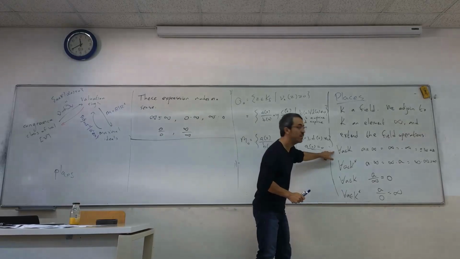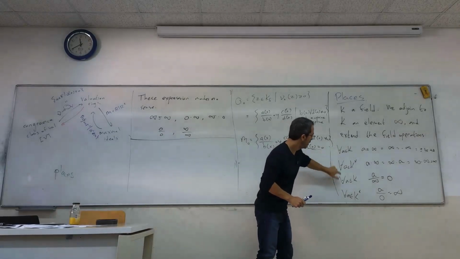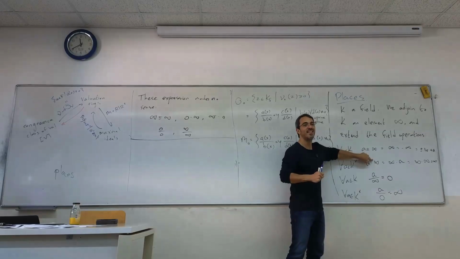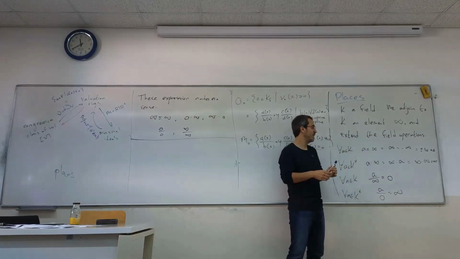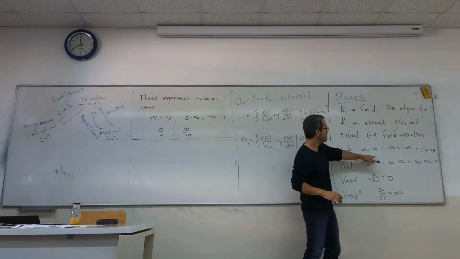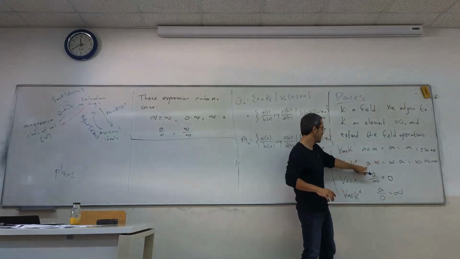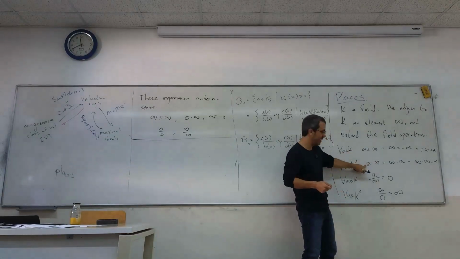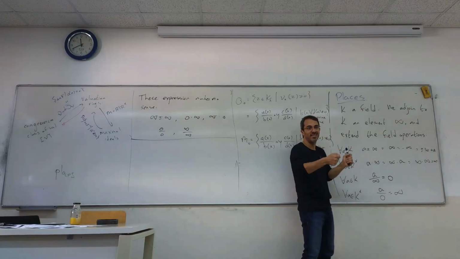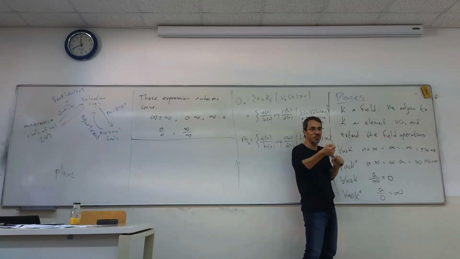Which one? This one? Ah, right. Because 0 times infinity doesn't make sense. Like infinity is undefined, so maybe this is 1 over x, and maybe this is x, and at 0 this is 0 and this is infinity, but x times 1 over x is 1, but x and 2 over x is 2.